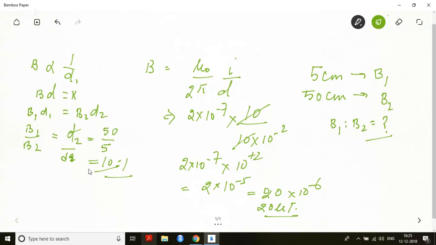Any particular doubt in optics? Let me ask section wise. Any particular doubt in optics, electricity? Just post it in the chat box.